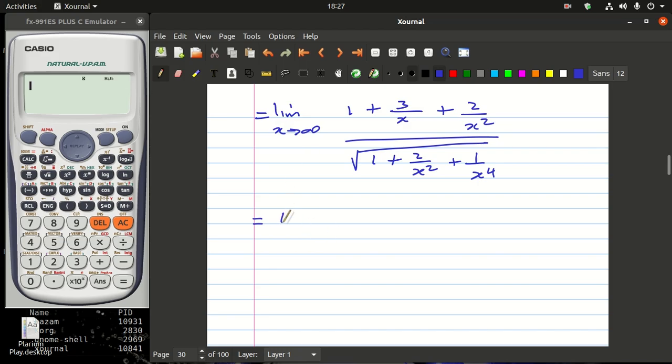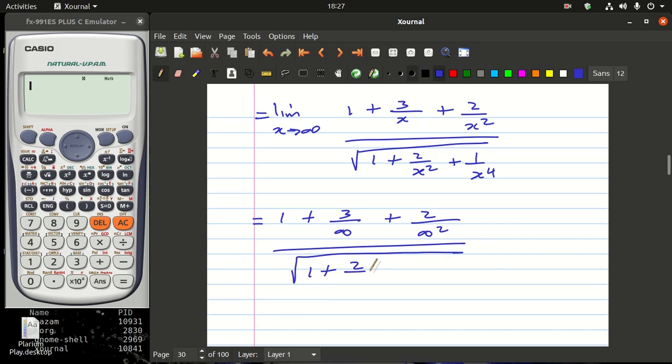So we end up having 1 plus 3 over infinity plus 2 over infinity squared, and then all over the square root of 1 plus 2 over infinity squared plus 1 over infinity to the power 4. Now we know that infinity squared is the same as infinity times infinity, and infinity times infinity is just infinity.